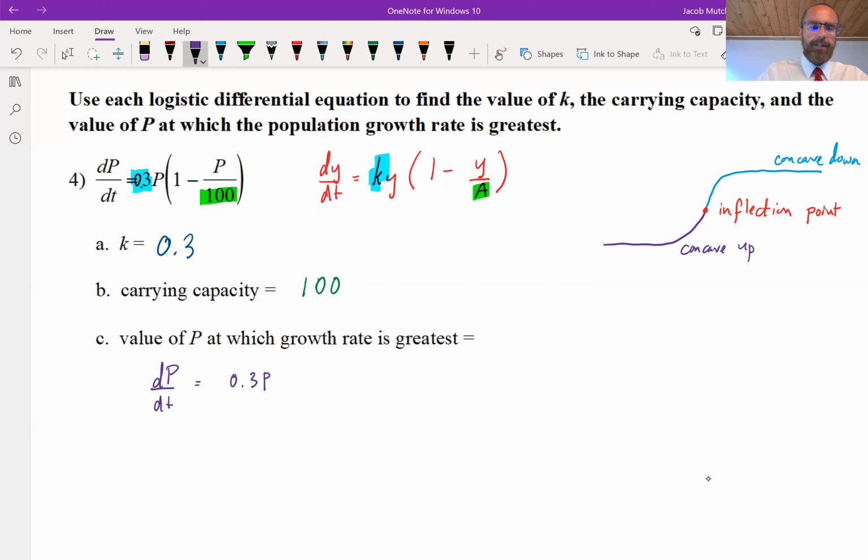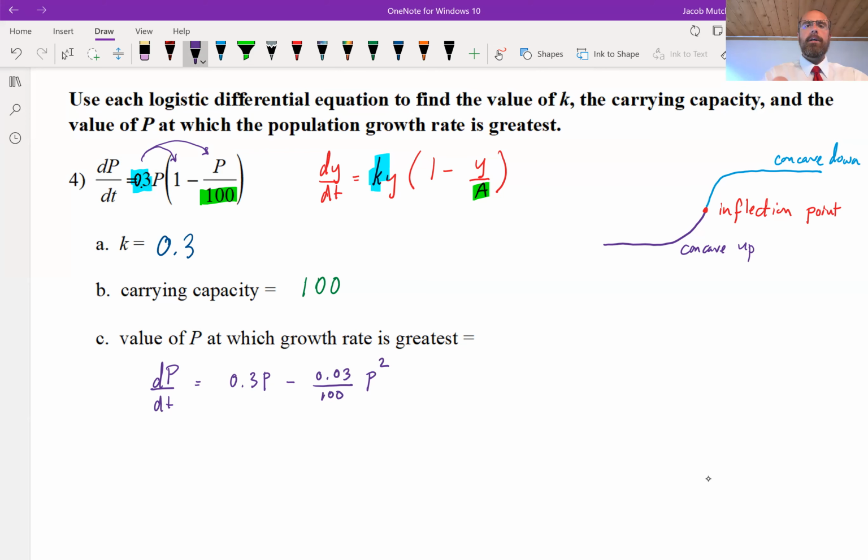Now, to help out with this differentiation, I'm going to distribute that term 0.3p through the parentheses. So that's going to be 0.3p minus 0.03, wrapped up with the denominator 100, and then it's p times p, so p squared.